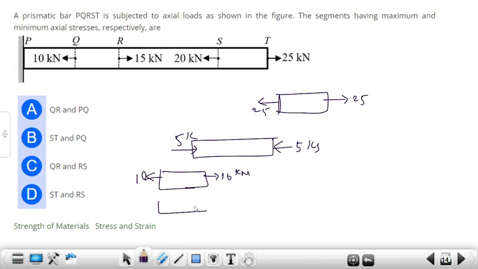and this is PQ, this is QR, this is RS, this is ST, and this junction is 10, and this is also 10, so there will be no stress.